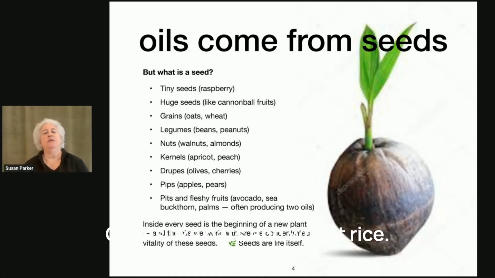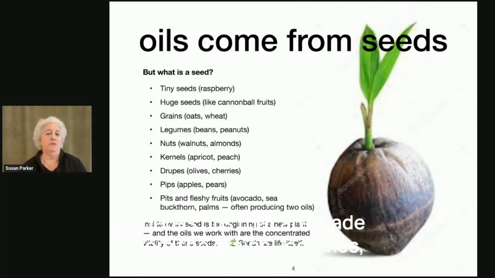Grains like oats and wheat, rice. There's oils that are made from the grains, legumes, beans, soybeans, peanuts. Another source of oils from legumes, nuts, walnuts, almonds, macadamia nut, even coconut you could put in that group.